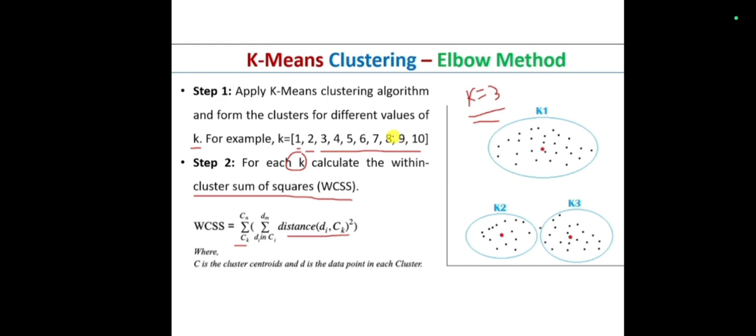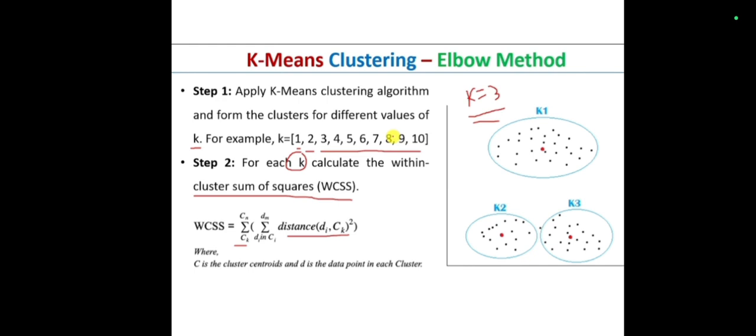And step 2 is, for each k, calculate the within-cluster sum of squares. In WCSS we have to find the distance from the centroid to all the data points, and the formula for this is the summation over Ck, in brackets, of the summation over di in Ci of the distance between di and Ck, squared, where C is the cluster centroid and d is the data point in each cluster.